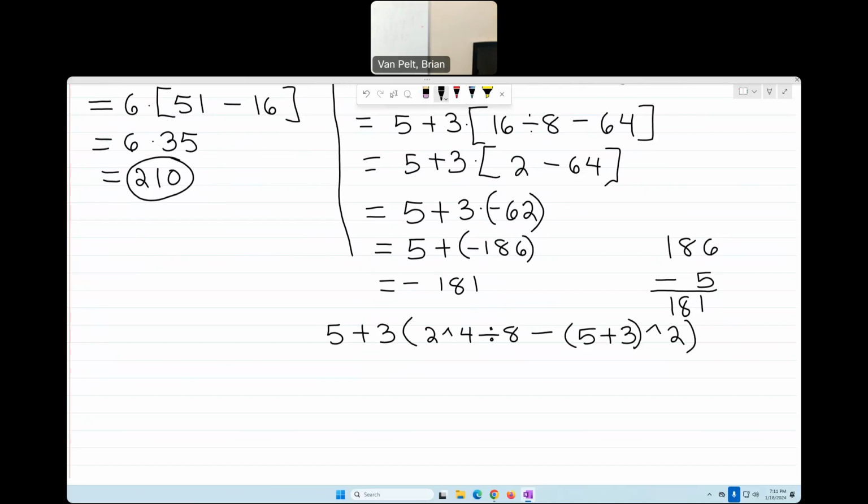Try typing that and see if you get the answer in one shot. Make sure you're in your scientific mode. Get it? Good.